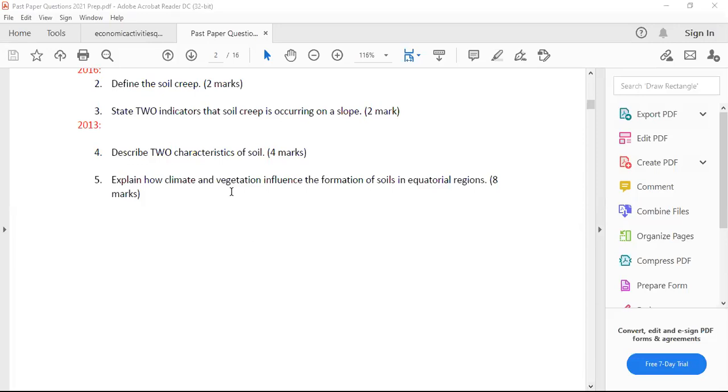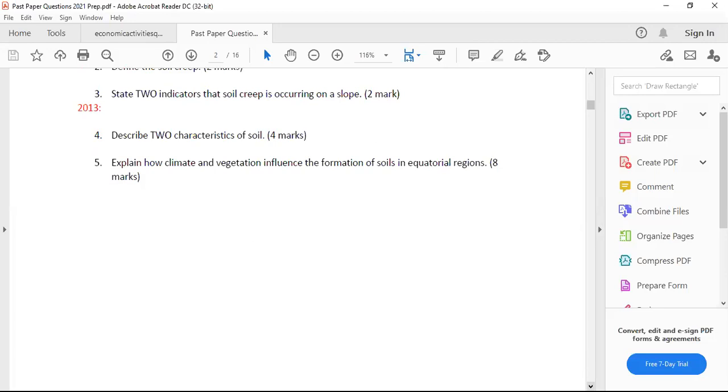How do climate and vegetation influence the formation of soils in the equatorial region? So in terms of climate, you're thinking about rainfall and temperature. Vegetation, you're thinking about the type of vegetation that you have in the equatorial region, which is the equatorial rainforest.